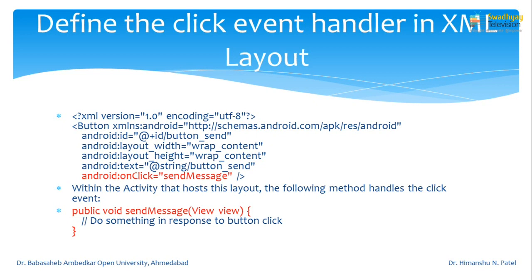You have to write one attribute called onClick, and inside that you have to specify the name of the method which handles this click event. And remember, the signature of the method must match the onClick value, which is sendMessage.